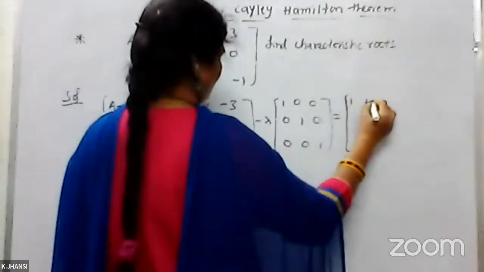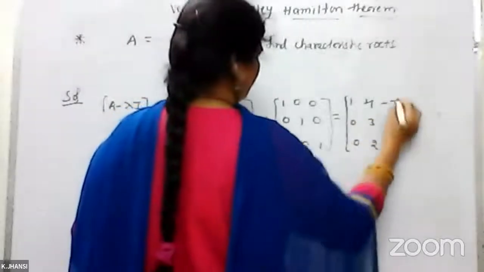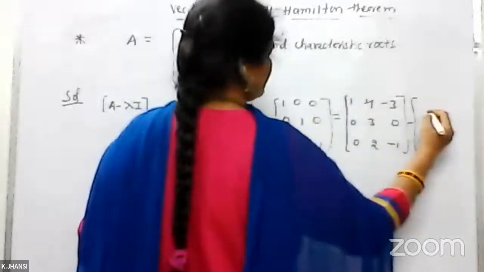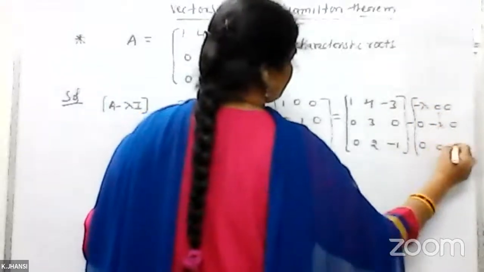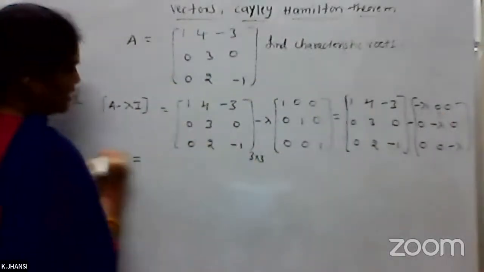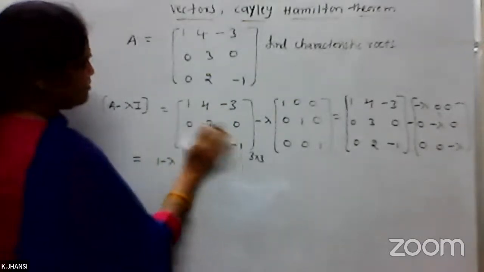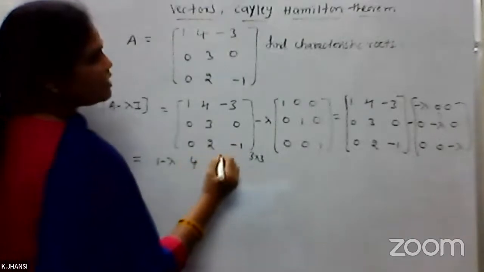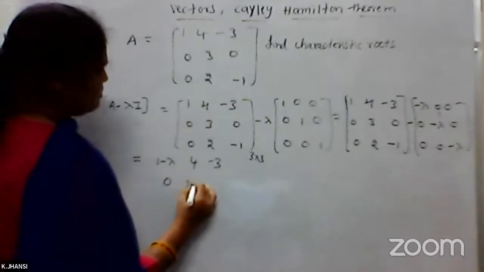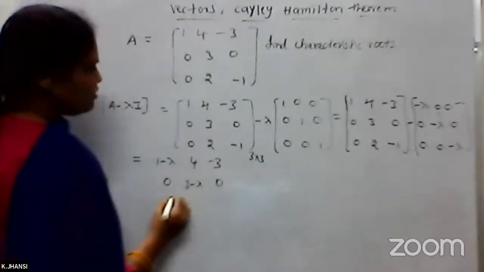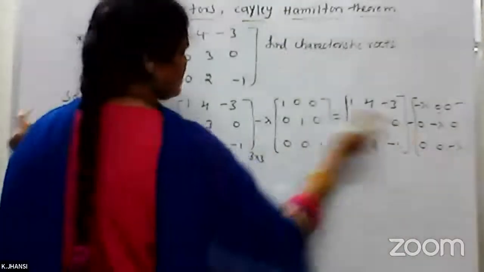That means 1, 4, minus 3, 0, 3, 0, 0, 2, minus 1, minus lambda 0, 0, 0, lambda 0, 0, 0, lambda. So we get 1 minus lambda, the others are 0. 4 minus 0 is 4, minus 3 minus 0 is minus 3, here 0, next we have 3 minus lambda, next 0, next 0, 2 minus 0, here we get minus 1 minus lambda.